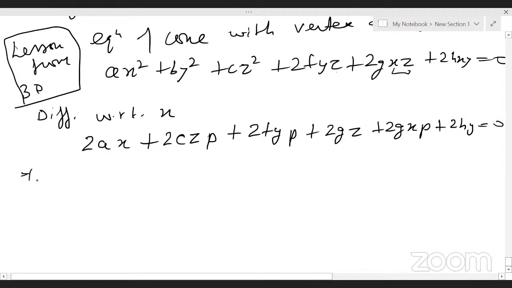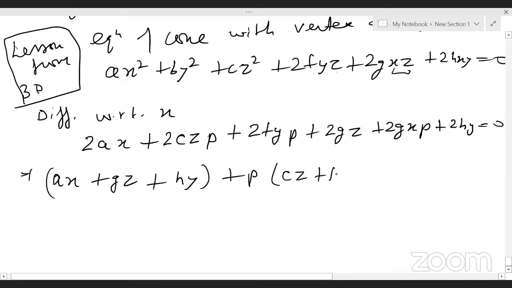So if I take 2 common, and then I club the parts containing p and the parts not containing p, I get ax plus gz plus hy plus p times cz plus fy plus gx, right? This is equal to 0. This is your equation 1.